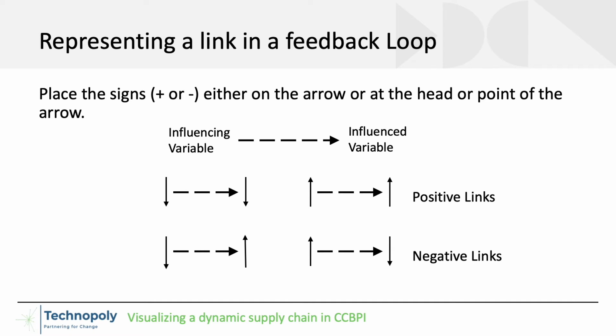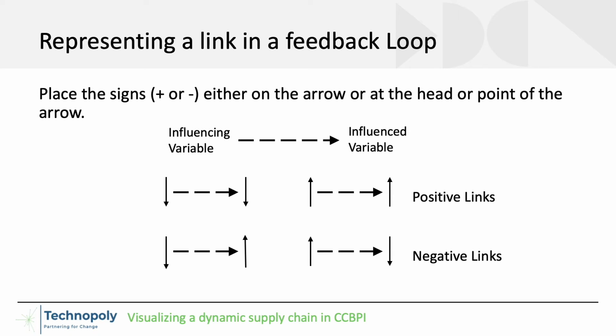Whenever we represent a feedback loop, keep in mind that we are describing the relationship of one variable, called the influencing variable, to the other variable that's going to be affected or influenced. The arrow shows the direction of influence, who influences whom, and the relationship is described by the sign.